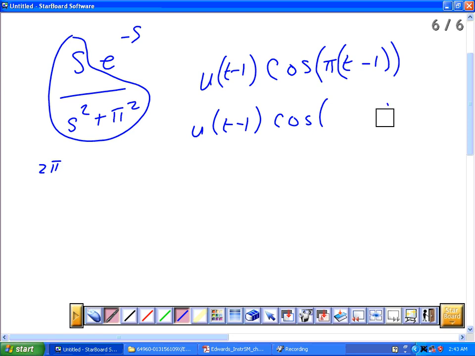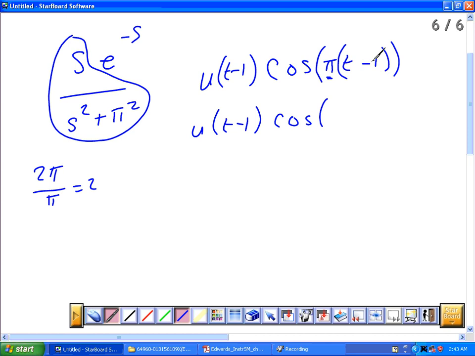Let's leave it like this up here for a minute. What's the period here? It's 2 pi over b, so 2 pi over this. Oops, I'm sorry. It's 2 pi over pi, which is 2.